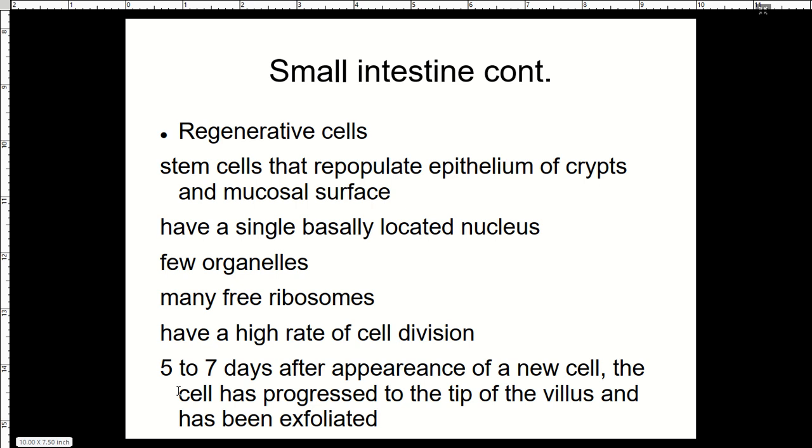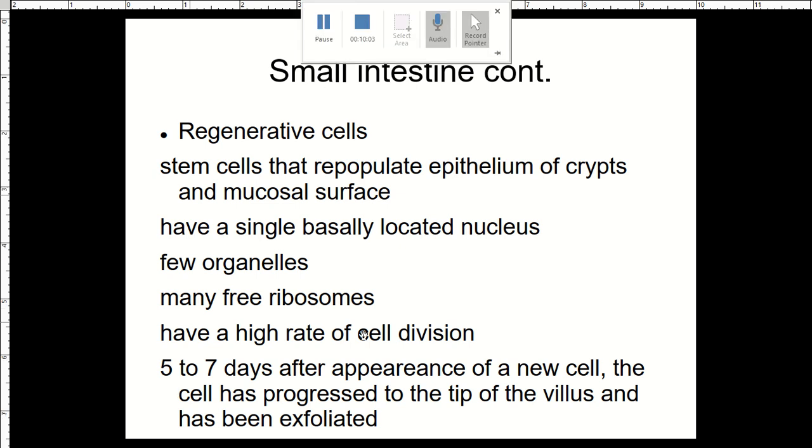They have few organelles, many free ribosomes, and a high rate of cell division. Take note that the regeneration takes place every 5 to 7 days. That's where there's a regeneration of the small intestine mucosa.